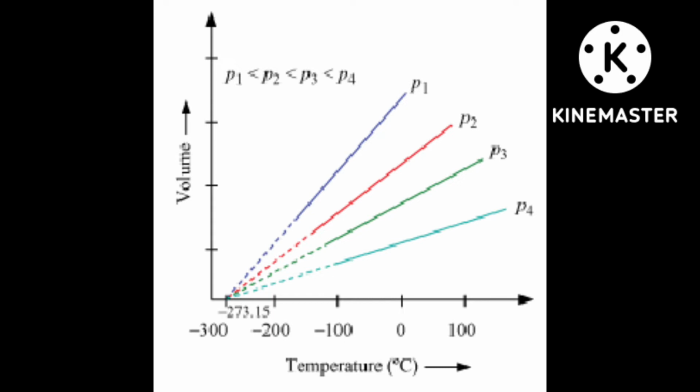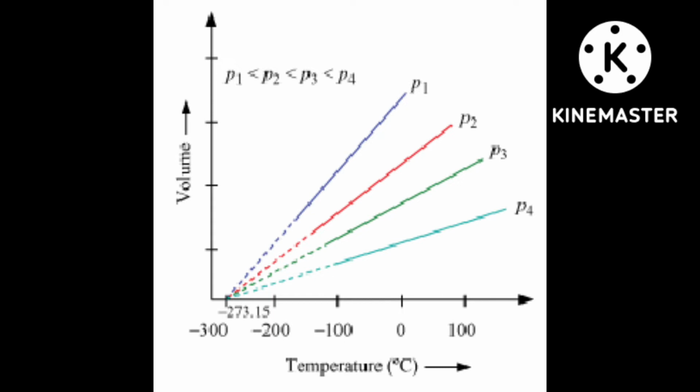Next step, because V2 upon V1 is equal to T2 upon T1, you can also write V1 upon T1 is equal to V2 upon T2. And finally you can write V upon T is equal to constant, that is equal to K.